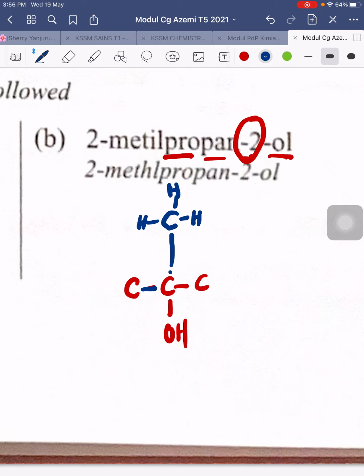Okay, this one, first bond, second bond, third bond, fourth bond. So H, H, H. This one will be the same also. H, and then H, and then H. Okay, so this is what a 2-methyl propan 2-ol looks like.